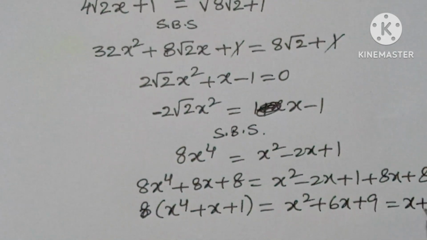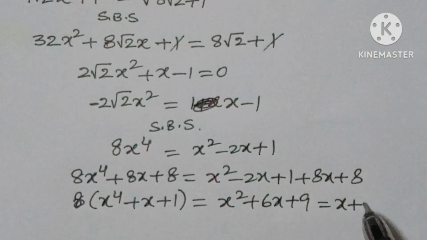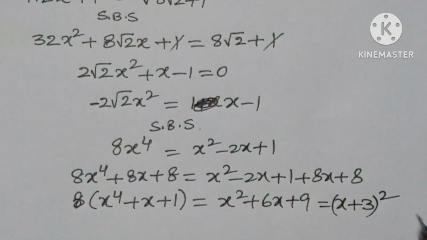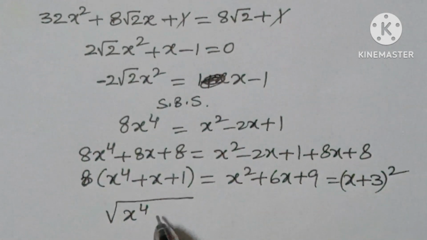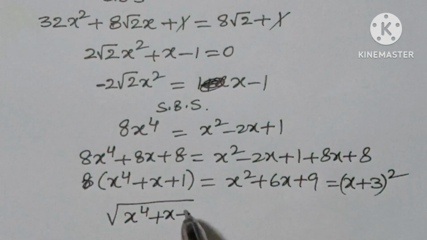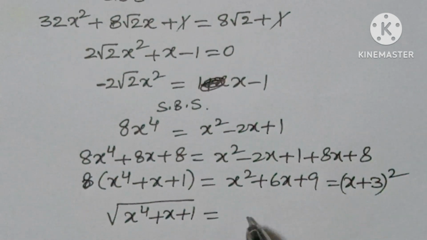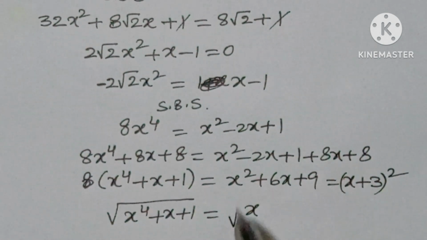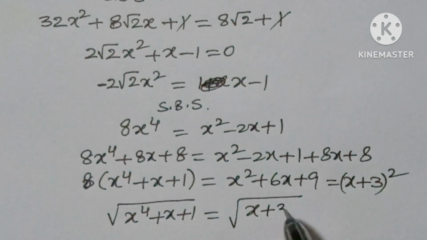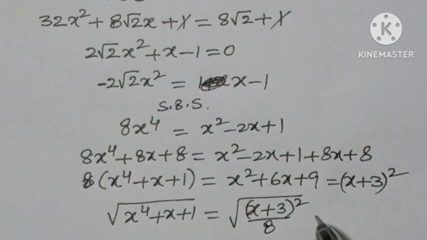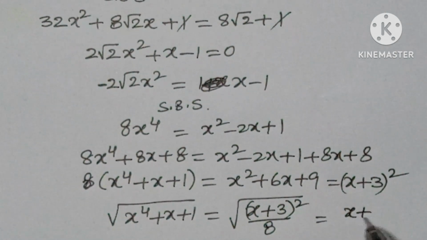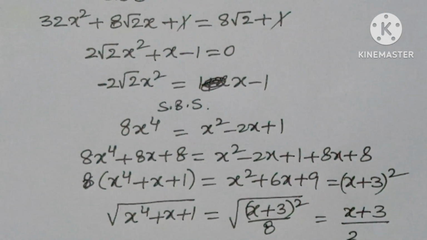This can be written as x plus 3 whole square. But we want the root of x power 4 plus x plus 1 value. It is the root of x plus 3 whole square by 8. So here you'll get x plus 3 by 2 root 2.